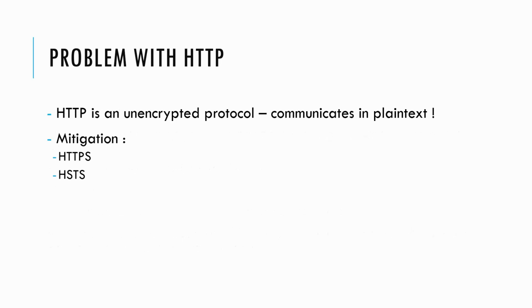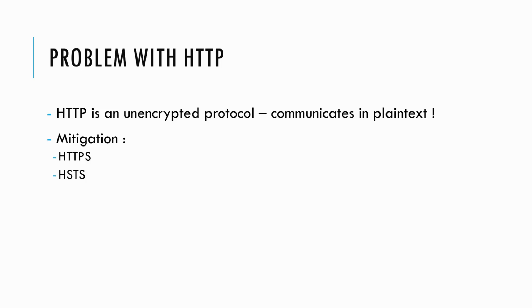Now let us come to the problems with HTTP. Its biggest problem is that it is an unencrypted protocol, that is, it communicates in plain text. If you remember, in the last video we captured HTTP data using Wireshark and we were able to clearly view and understand all the communication going on between the client and server.